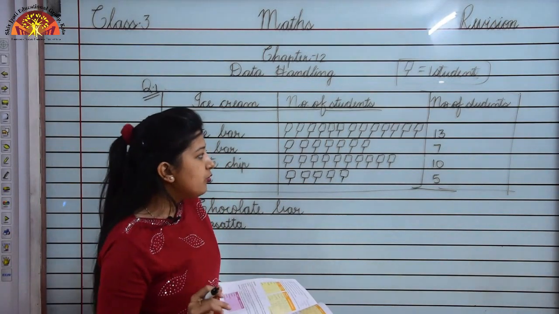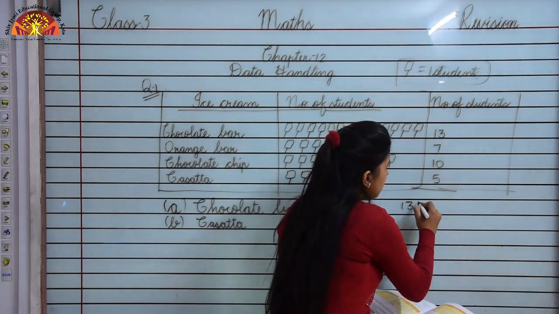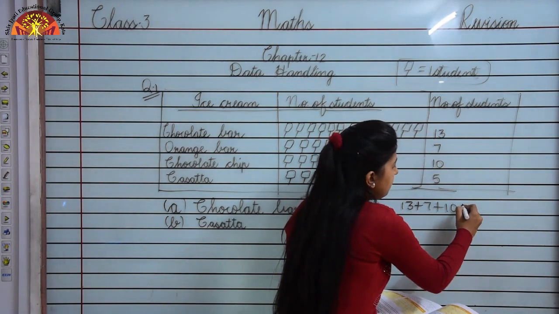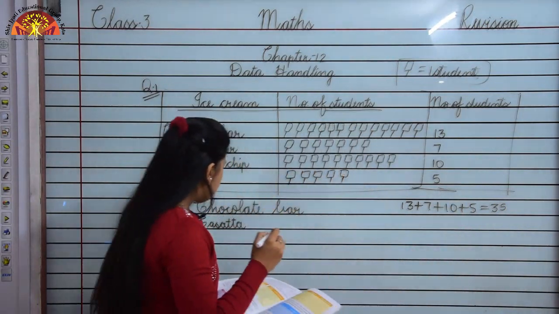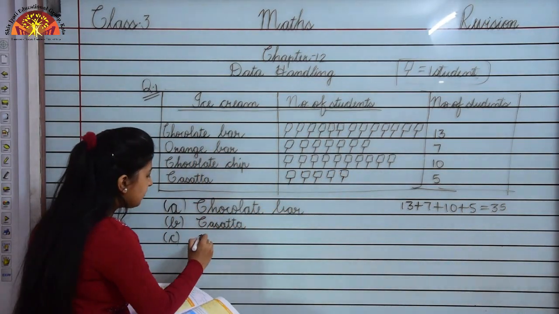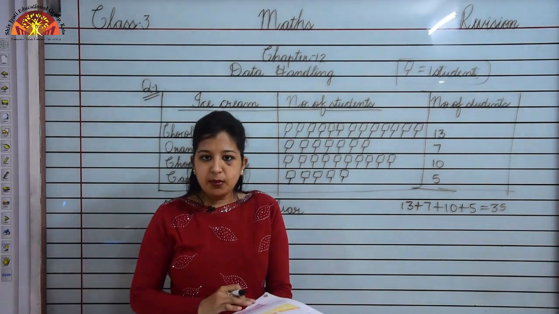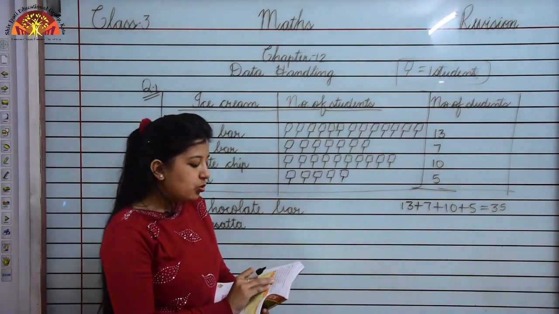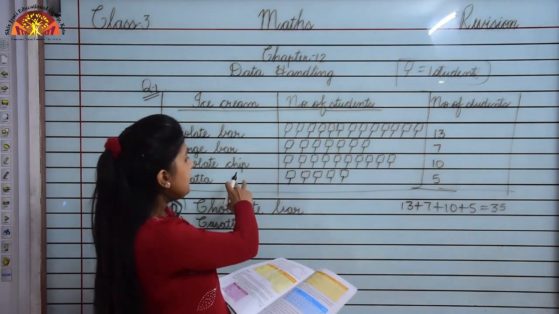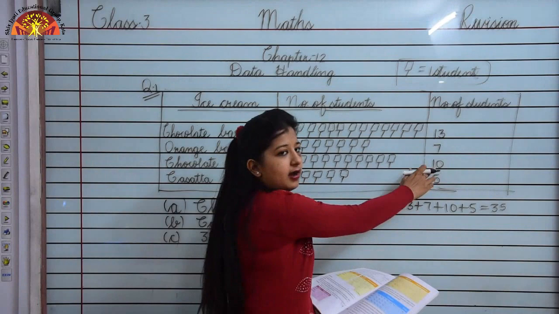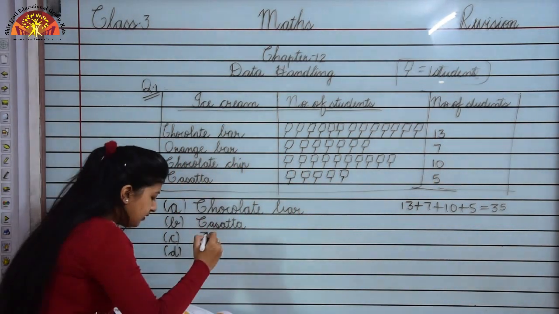So what we have to do? We have to add all the students. So 13 plus 7 plus 10 plus 5 equals 35. So 35 students are there in the class. Now D part of question number 1 is, how many students like chocolate chip ice cream? So here you can see 10 students like chocolate chip. So the answer will be 10.